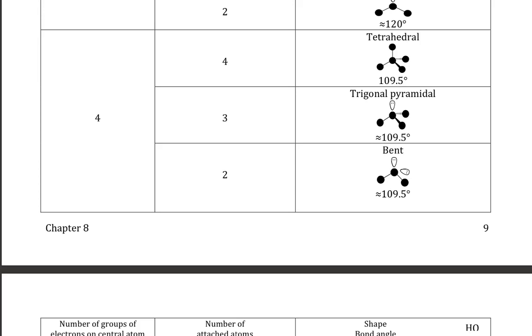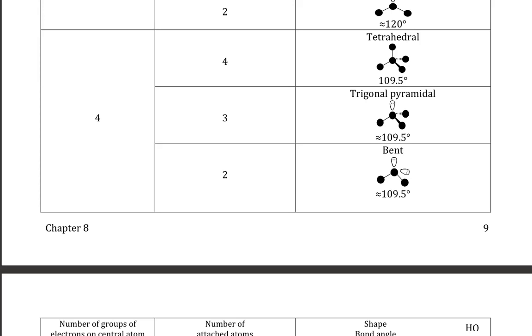Imagine a pyramid with a base of 3 and an atom on the top of it. That would be the tetrahedral structure. Those bond angles are 109.5 degrees. And that's the shape it takes on when there are those 4 groups of electrons and they want to be as far away from one another as possible.